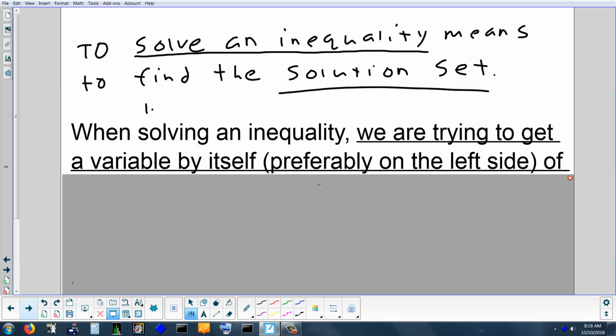So you always want letter, one of these symbols, number. Why do we like the letter on the left side? What's the good thing about putting the letter on the left side? Why is it important? What else are you going to have to do? You're not only going to have to solve, but what else are you going to have to do?